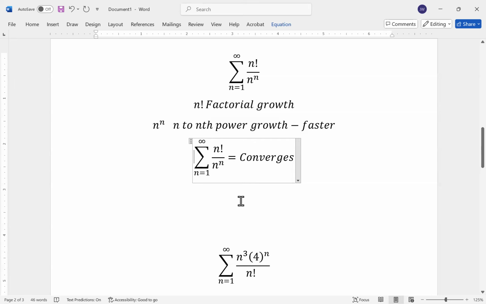The terms are going to go to zero even faster than 1 over n squared. Hopefully that makes sense. So it's not just that these go to zero, they go to zero really fast.